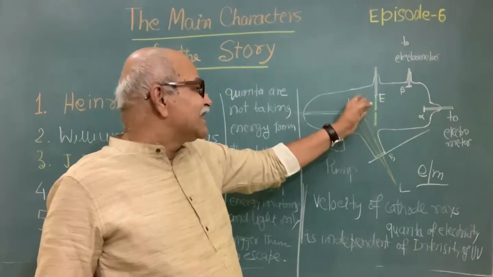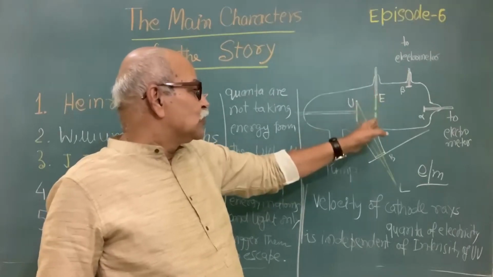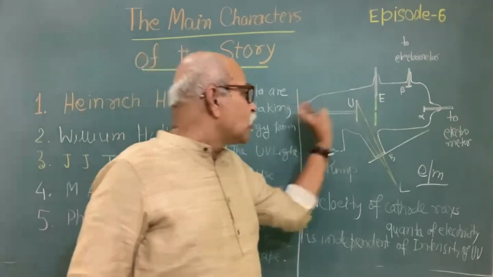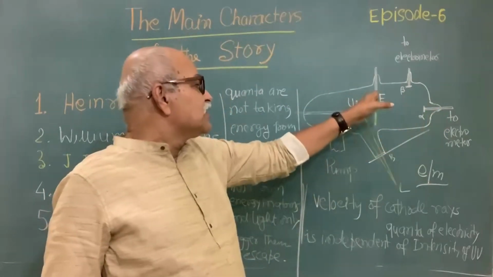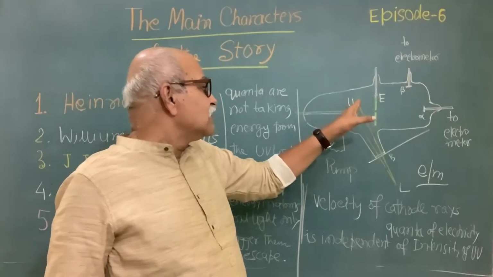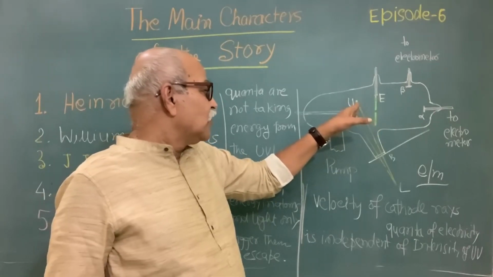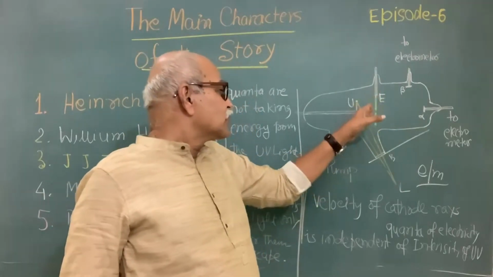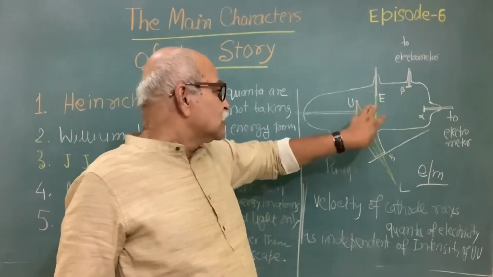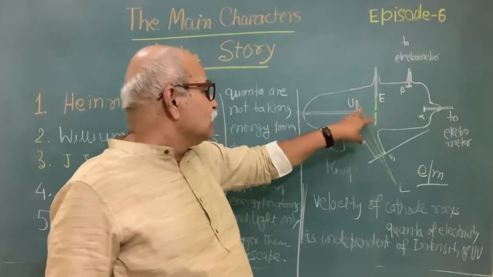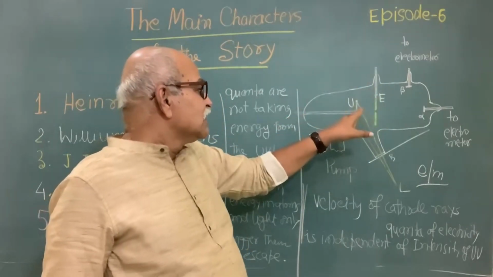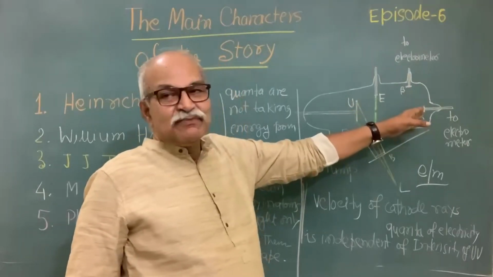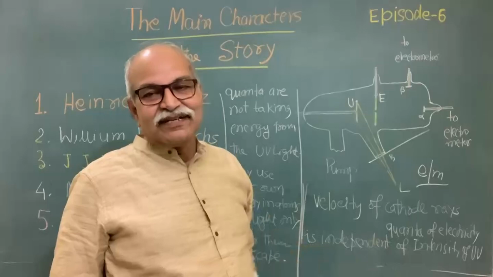Some will go in straight directions. But then if you do have some kind of positive potential, then it draws them. And if you have sufficiently high, then all the quanta which are emitted go through this. Not all of them, they are of course blocked here and there, but there is no side going in this side or that side and so on. So they are all streamed in a direction, so you get a maximum current, so that saturation current is there.